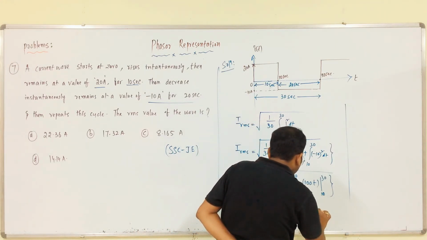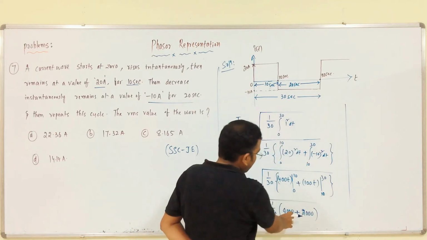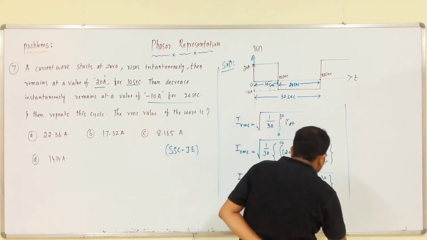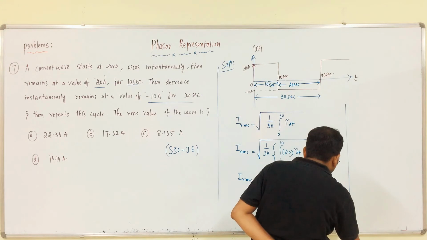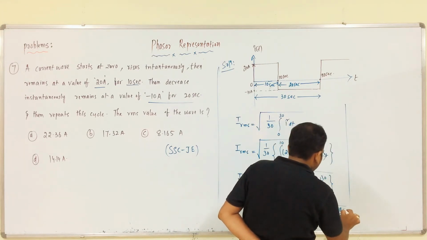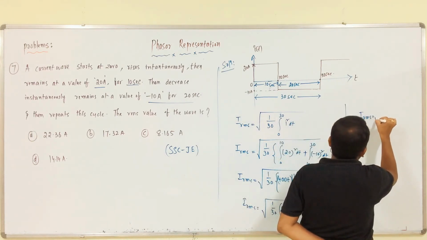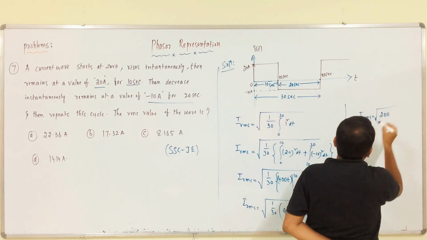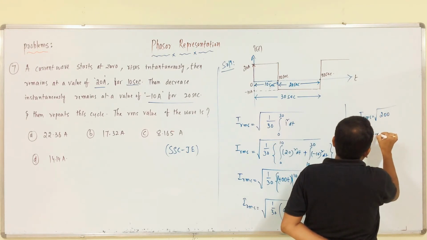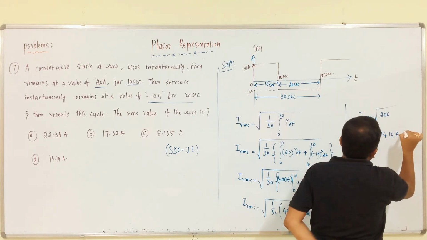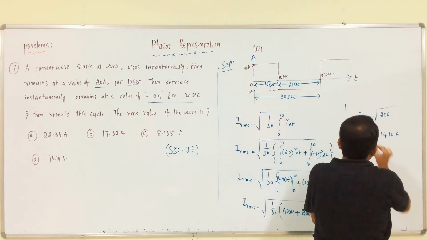So, total 6000 by 30, which is equal to 200. So, IRMS is nothing but root 200, which is equal to 14.14 amperes. The option is 14.14.